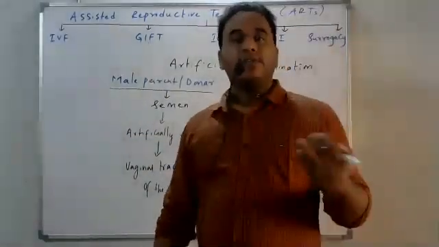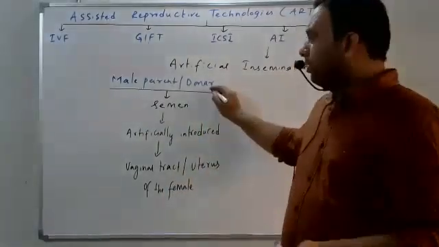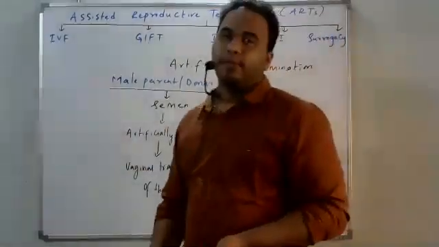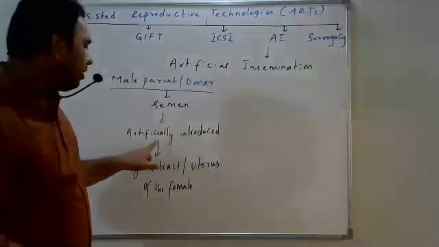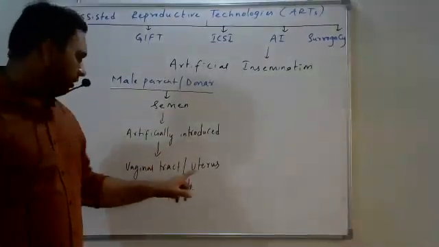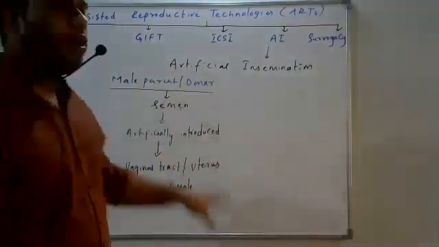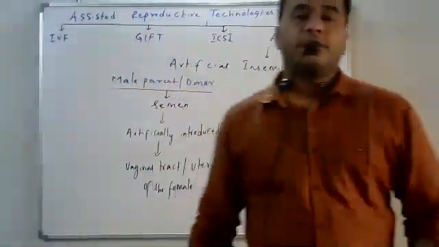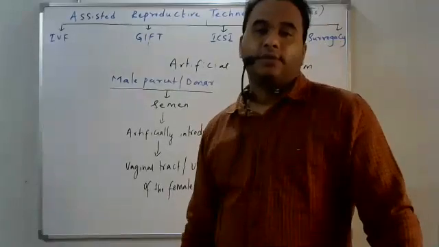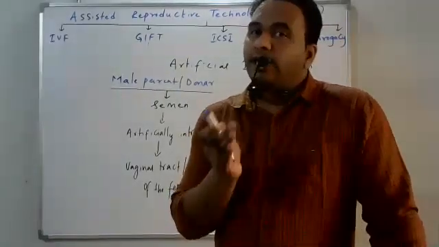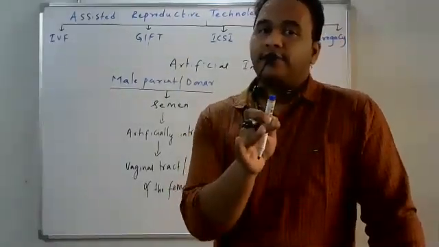Suppose he is infertile, then they can collect it from a donor and artificially inject it into the vaginal tract or uterus of the female. So this is called artificial insemination.